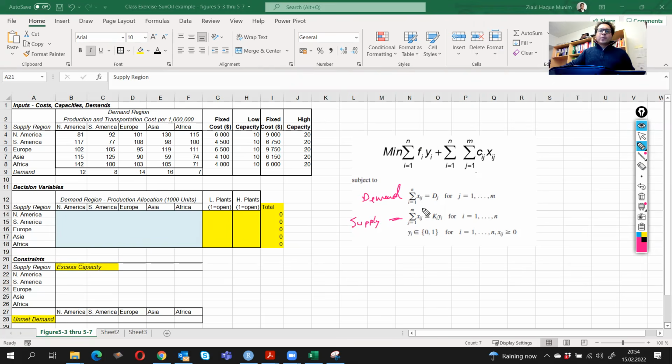Normally when we have equations like this, it is always a good idea to move the decision variables to one side and have a numeric value on the other side. For example, for this one here, if we convert it to dj minus the sum of xij equals 0.